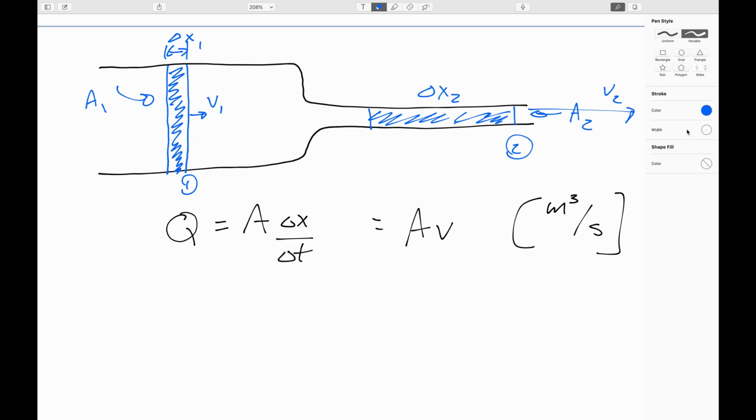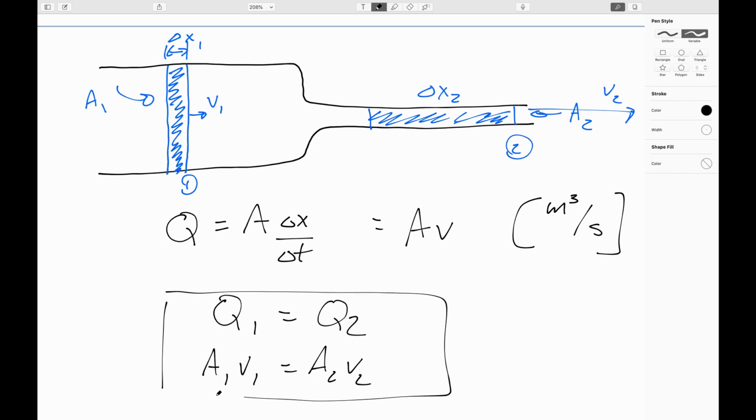So the incompressibility is saying that since the volumes have to be the same, we have to have the same volumetric flow rate. So the assumption of incompressibility is that Q1 equals Q2, and yes, I know we used Q for heat not that long ago. This is standard notation. We now have A1 V1 equals A2 V2. All right.